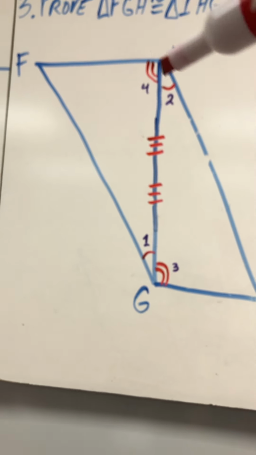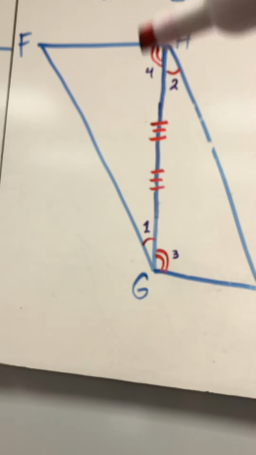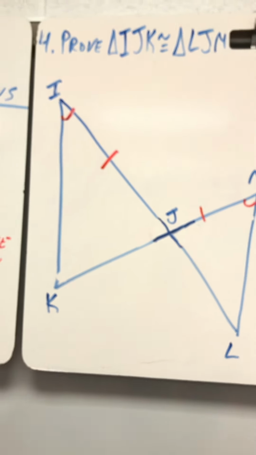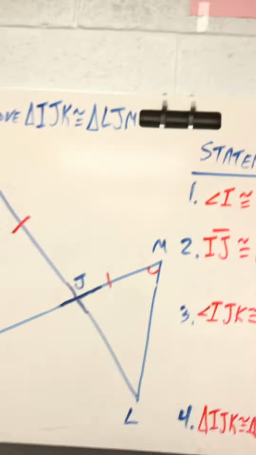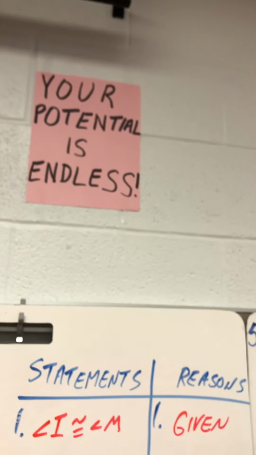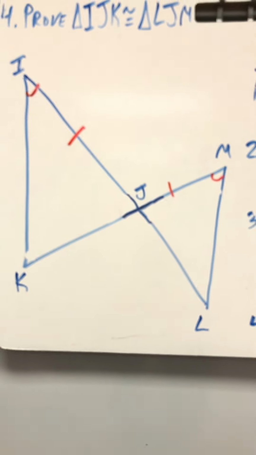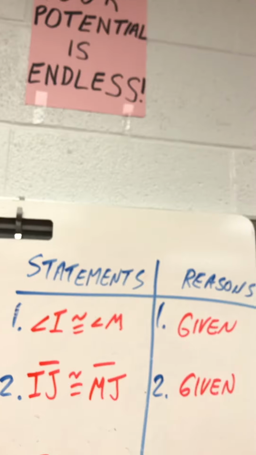So angle 4 has to be called FHG or GHF for that reason, all right? So I can call angle I, which is congruent to angle M, and that's going to be my first given. And then I'm going to say IJ is congruent to MJ. That's given.